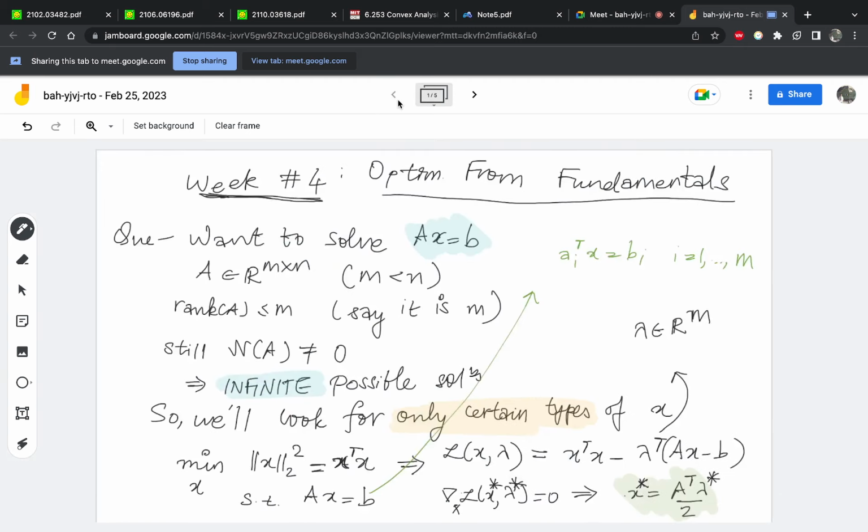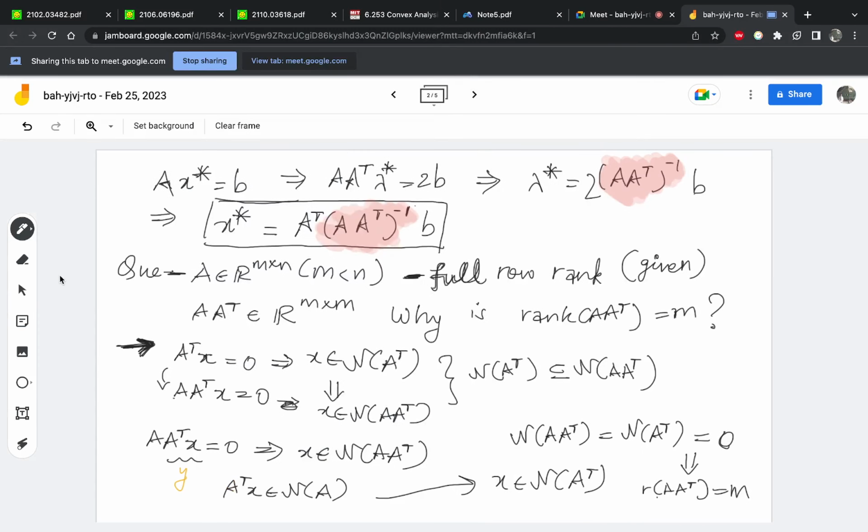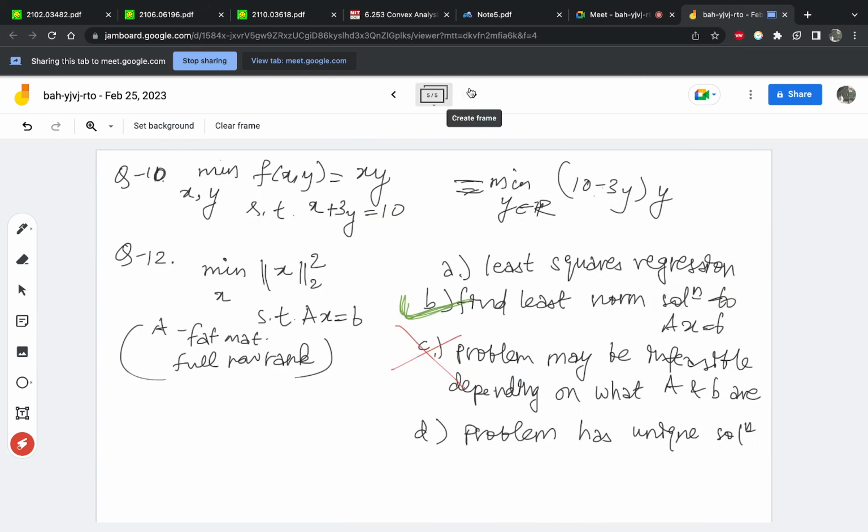That's what we feel, and it's correct, but we need to appeal to the result we saw in the lecture: A A transpose is invertible, so x star is unique. I have a full row rank assumption, so I can get the closed form solution. It's just an application of the same result. So the problem has a unique solution, exactly A transpose (A A transpose) inverse b.